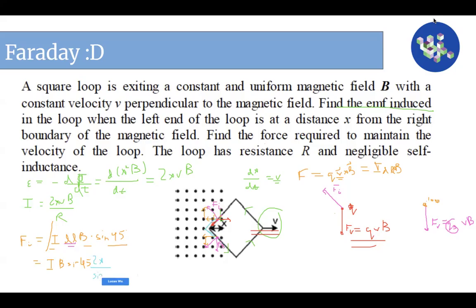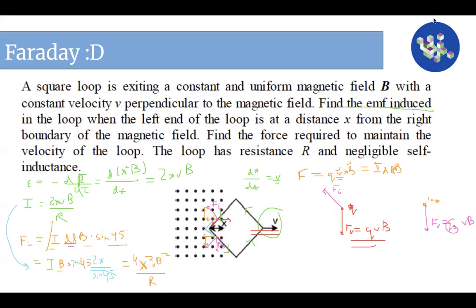And so in the end, sine 45 degrees cancels, and then we can plug in what we got for I. So we'll be getting 4x squared v, and then because we're multiplying by B again, v B squared, and then divide by R. 4x squared. Yep, that looks correct.